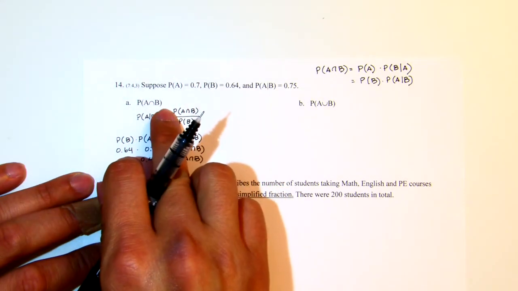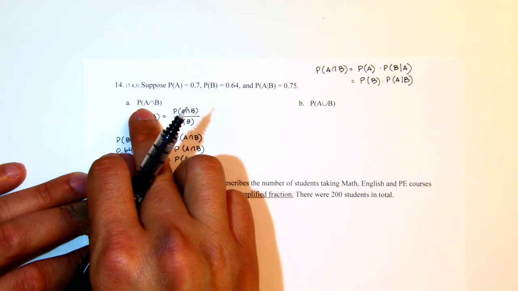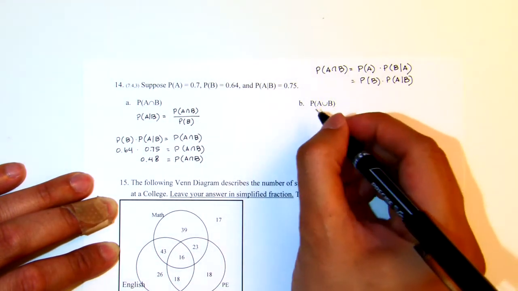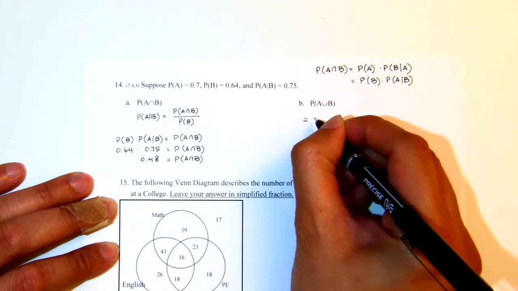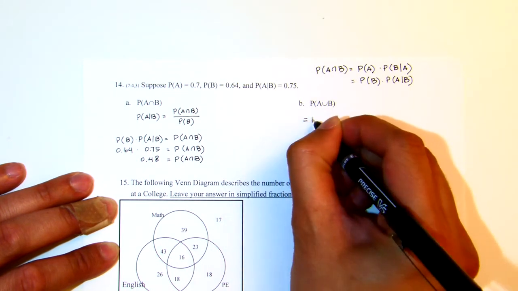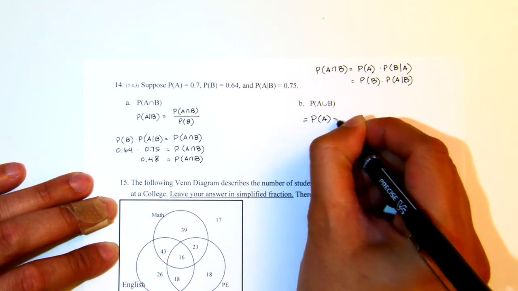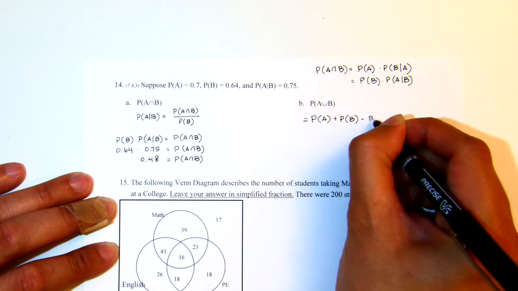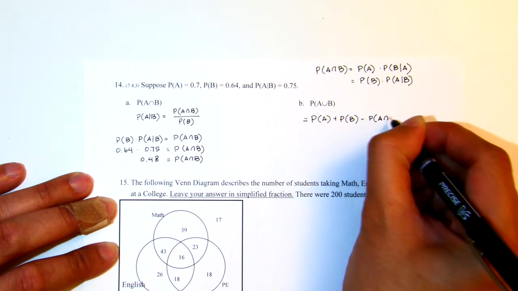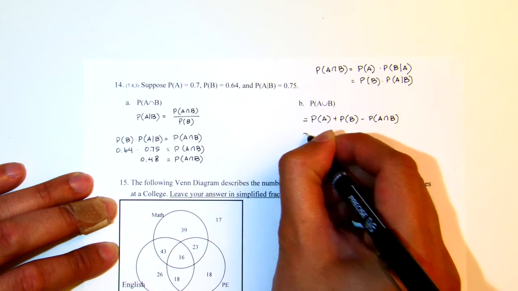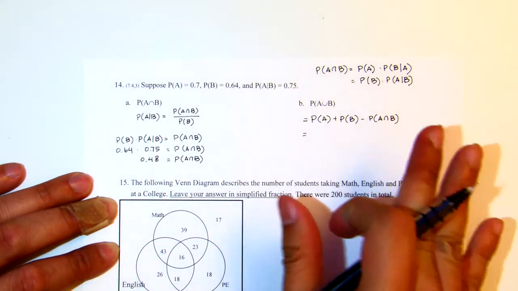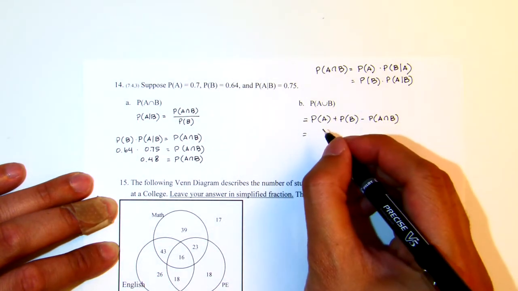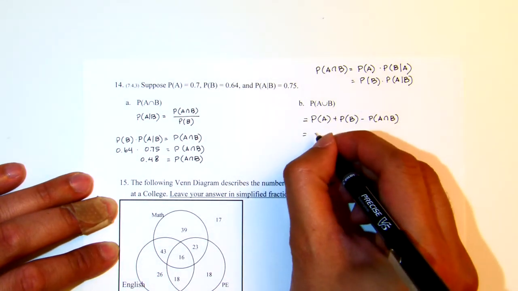Either A happens first then B, or B happens first then A. Now part B, the probability of the union A union B, that's the formula we usually use: probability of A plus the probability of B minus the probability of the intersection. Now you see again that part B is not doable without first doing part A. But from here, you just plug in numbers.